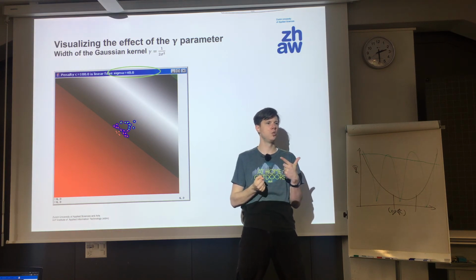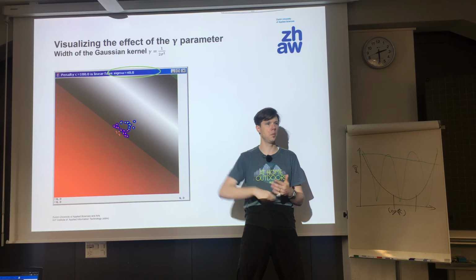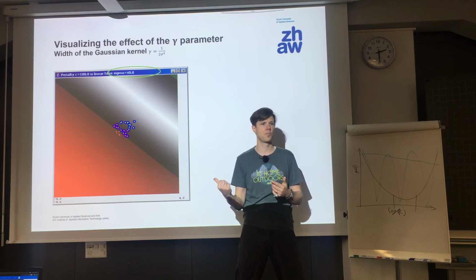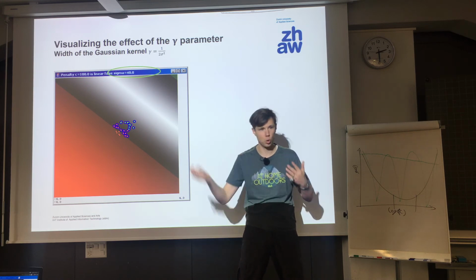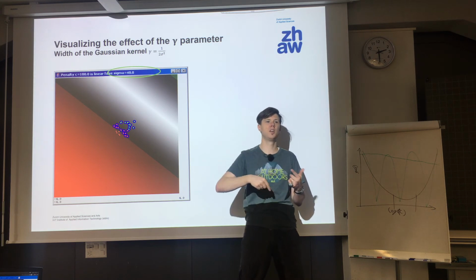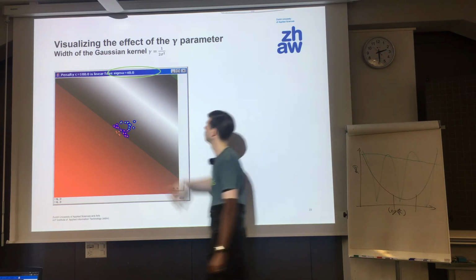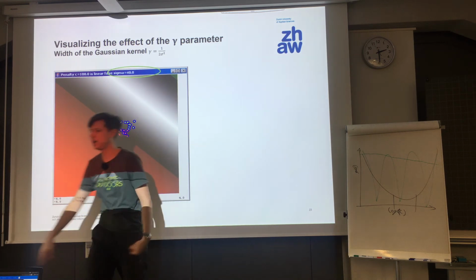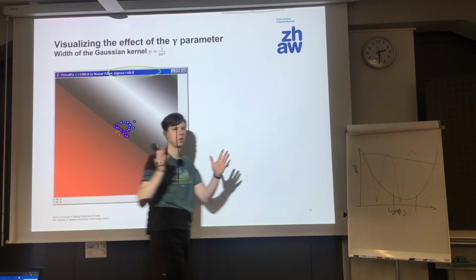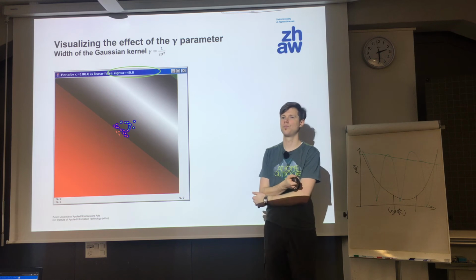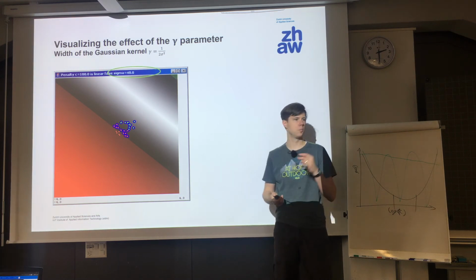With sigma, you control the degree of nonlinearity. The more sigma, the less nonlinearity, the more linear it is. The smaller sigma is, the more nonlinear it is. Corresponding to C, the higher C is, the smaller the margins are. So now we have 2 hyperparameters that you can tune.